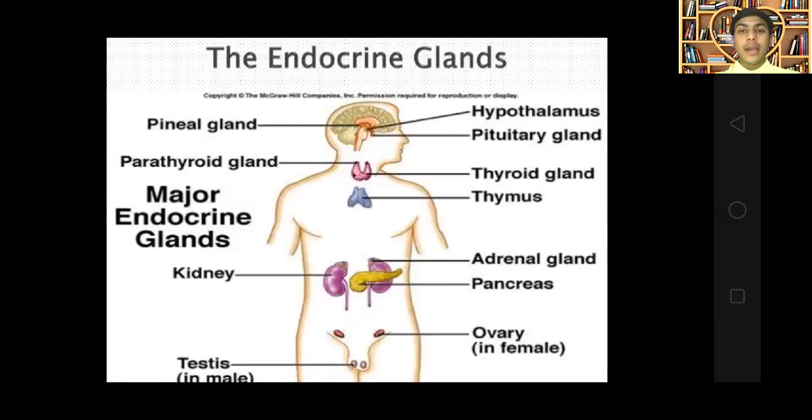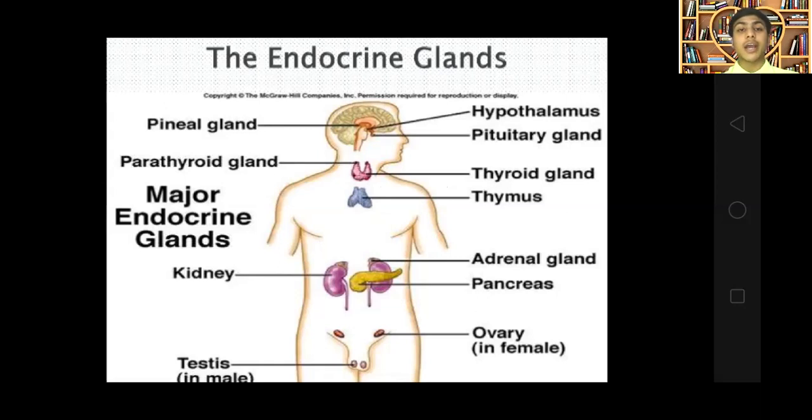Now you can see here endocrine glands. These are the different types of glands which are present in different body parts. Starting from the top, hypothalamus, pituitary, thyroid, thymus, adrenal, pancreas, ovaries in female, and testes in male.